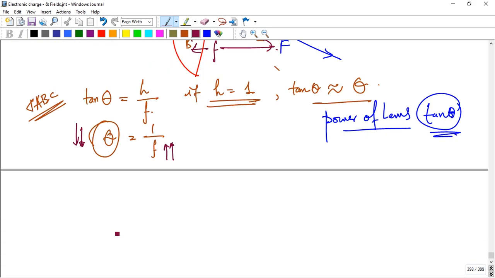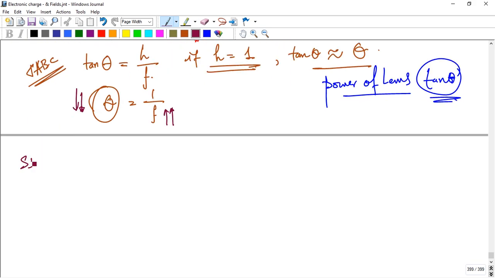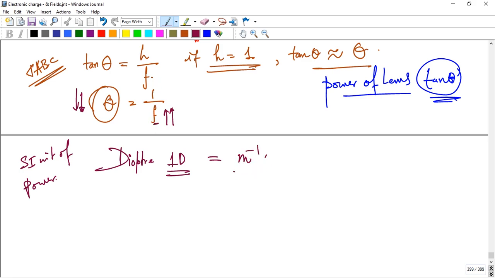The SI unit of power is called the diopter, short form D, and it equals 1 by focal length. The SI unit of focal length is the meter, so 1 diopter equals meter to the power minus 1, that is, 1 by meter.